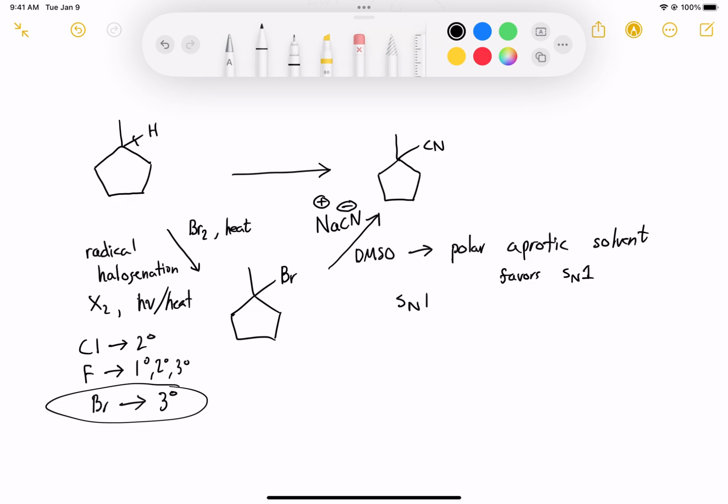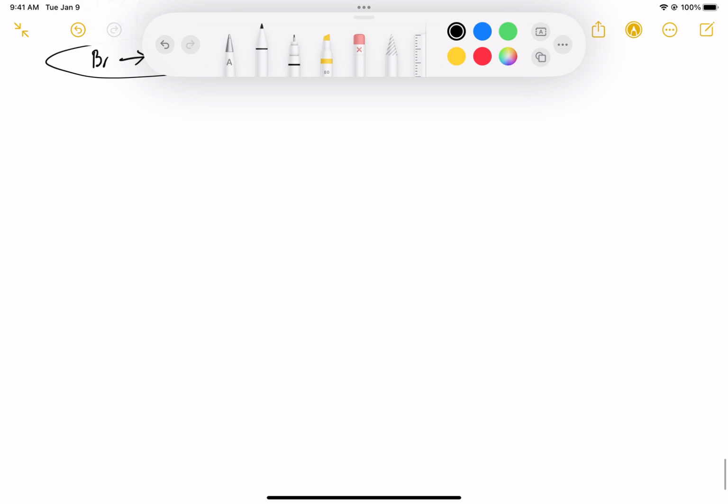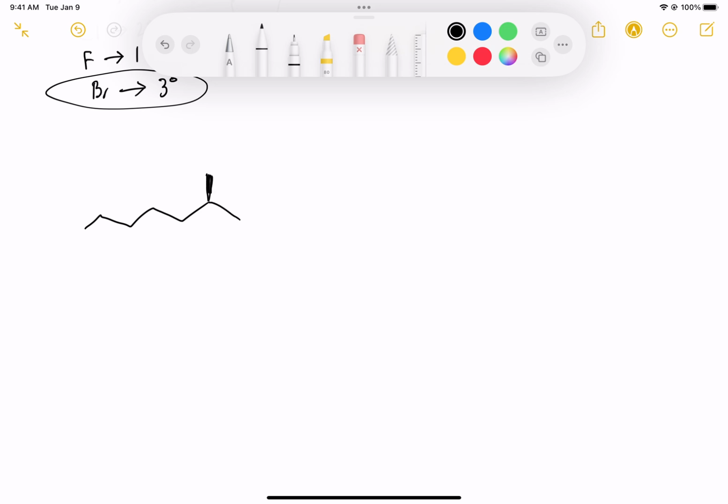We can also ask you something like this. Say we have a good leaving group, mesylate, and then we want to get a situation where we get this group here.